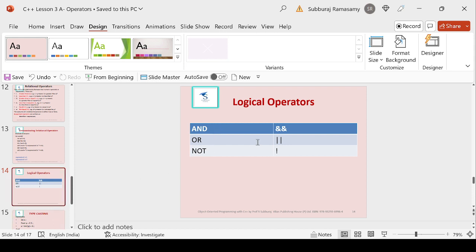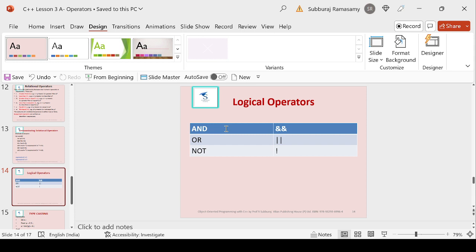So I'll give a simple example. Suppose x is equal to 5. I have to give an expression to you. If two expressions are connected with AND, both should be true. If x is true and y is true, x AND y is true.